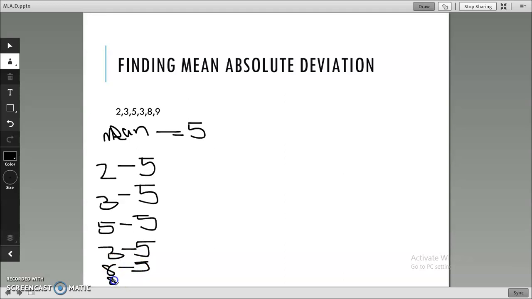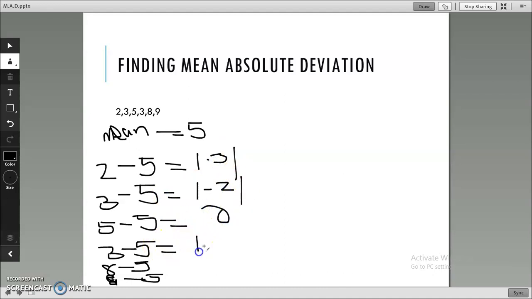This is 9 minus 5. And so that's going to be the absolute value of negative 3. That's going to be the absolute value of negative 2. That's 0. It's going to be the absolute value of negative 2. It's going to be just plain old 3, or the absolute value of 3, which is 3, and 4.